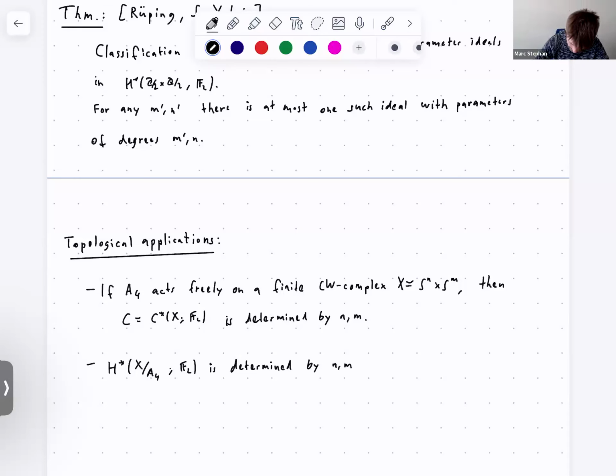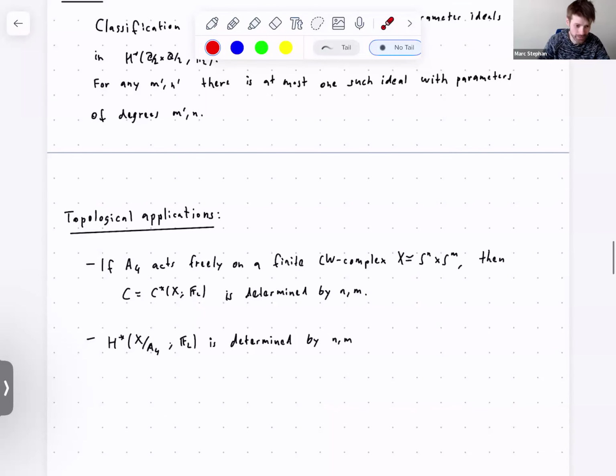And actually, it's not really important that it's a product of spheres. All we need is that the cohomology lies in degrees 0, n, m, and n plus m. So if you tell me now, okay, I've constructed this free A4 action on, I don't know, S200 cross S311, then I will already be able to tell you what the cohomology of the quotient space is.